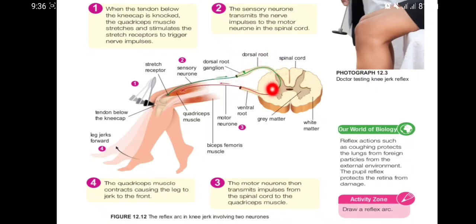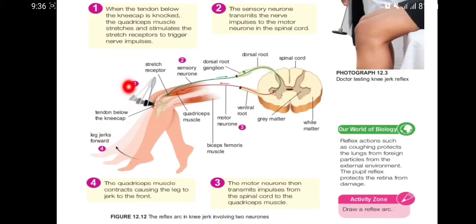The motor neuron then transmits impulses from the spinal cord back to the quadriceps muscle. Now the quadriceps muscle contracts, causing the leg to jerk to the front. So what is the result? Our leg will jerk forward.